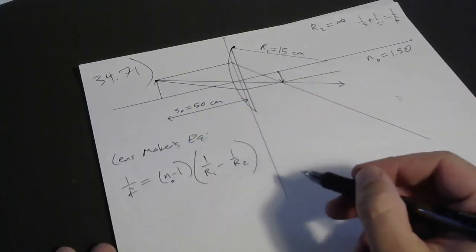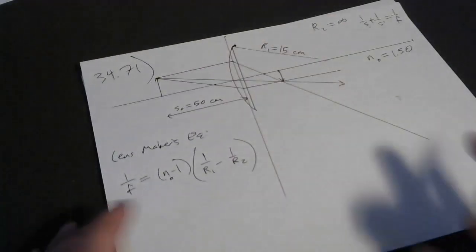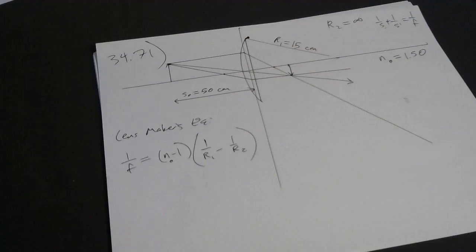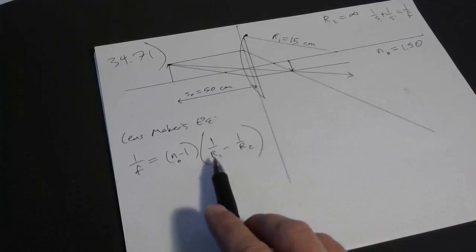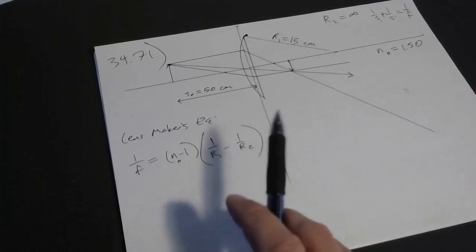I'm not going to lie, I'm cheating and looking at the equation. I sort of have it memorized. If you're going to have it memorized going into the exam, it's probably because you will have done enough homework problems. The difficulty is being careful with the signs of R1 and R2.